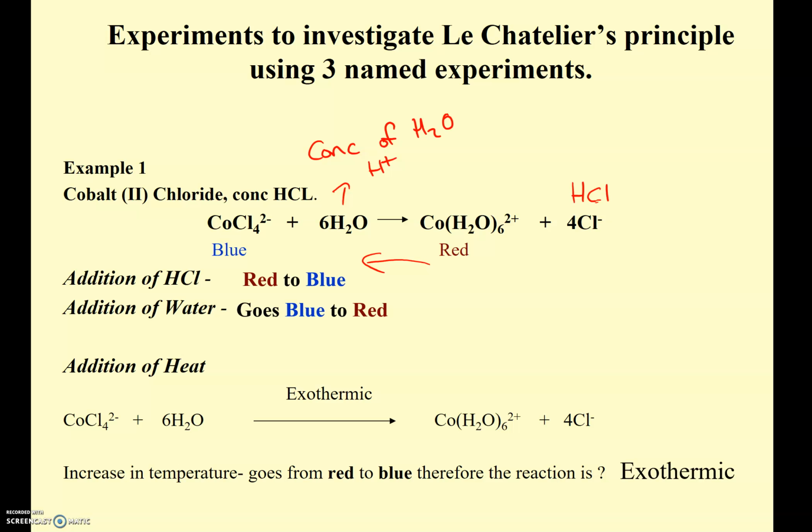Now, if we look at the addition of heat, we are looking to see what effect increasing the temperature would have. If you were told in a question that the increase in temperature results in this system going from red to blue, then you could say that your forward reaction is exothermic.